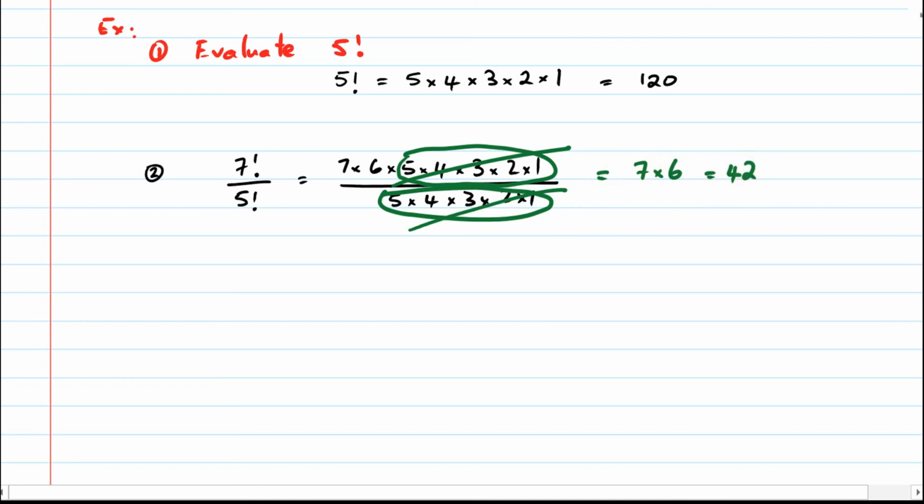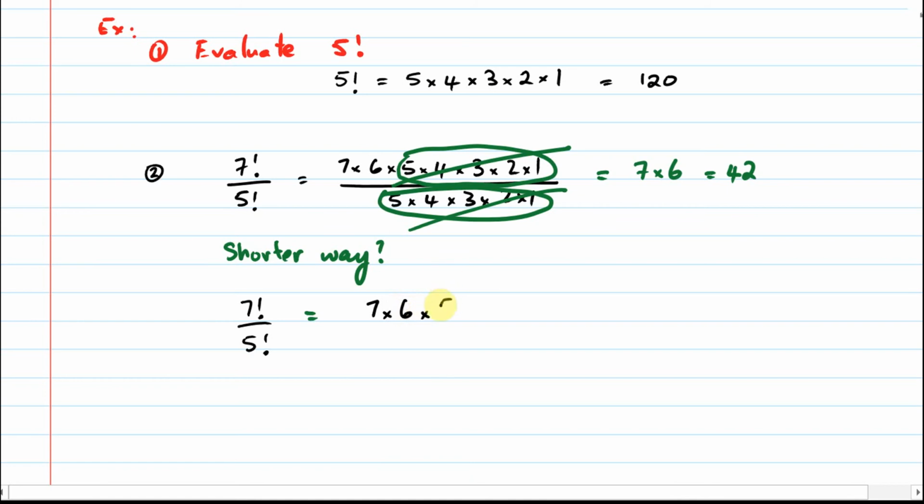Now, can we do this in a shorter way? As we go through mathematics, what I've been pushing for is looking at more efficient ways of doing our math. So going back to this problem of 7 factorial over 5 factorial, I could say this is 7 times 6.